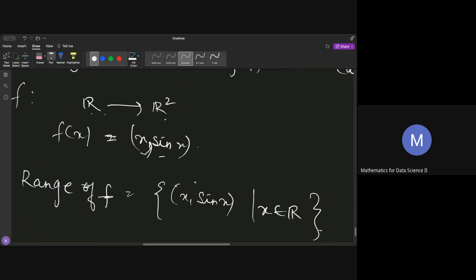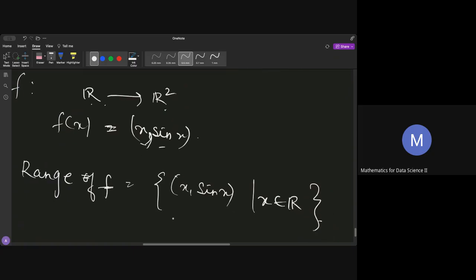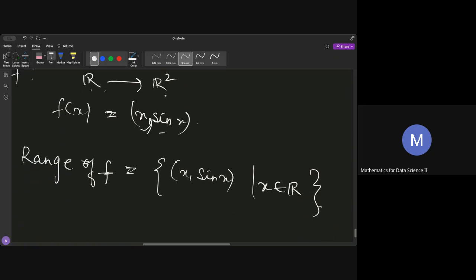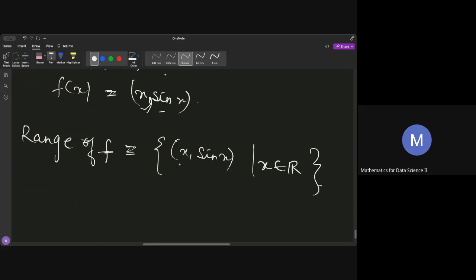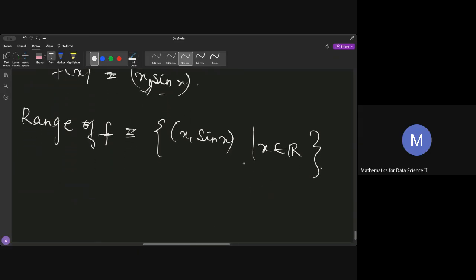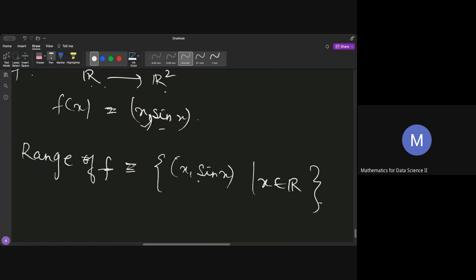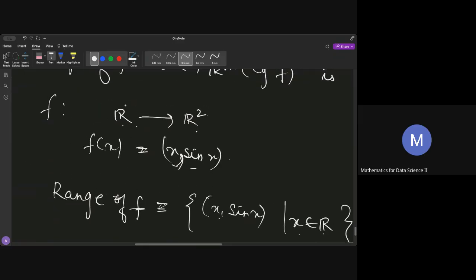I just wanted to know what range means. So this is the set that represents the range of f, right? The collection of all the (x, sin x) tuples where x comes from real numbers. This is real because the domain of this function is real.